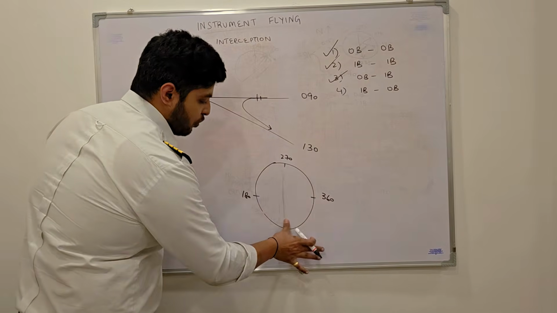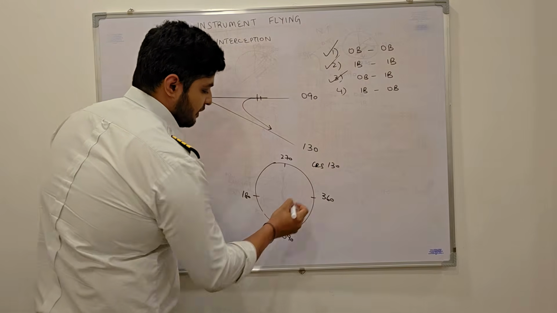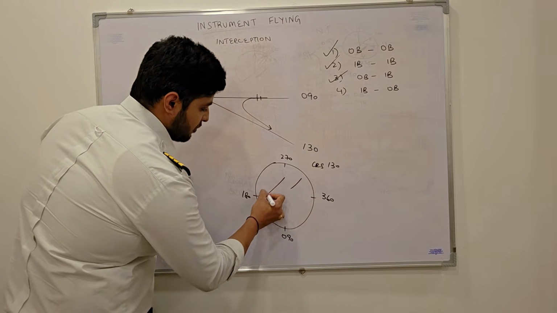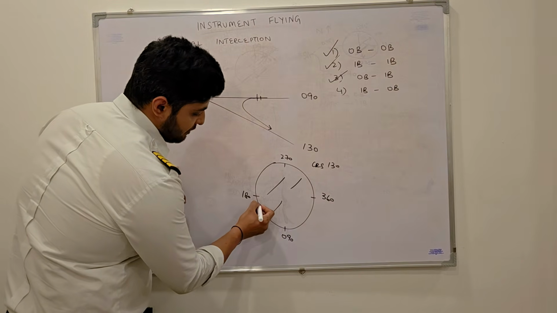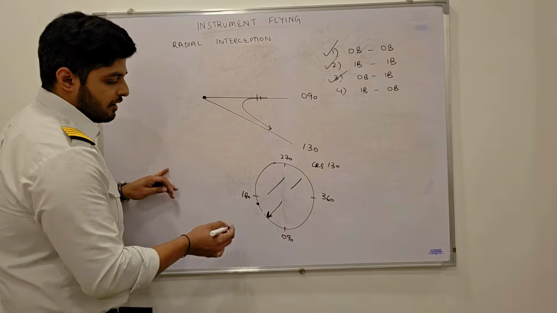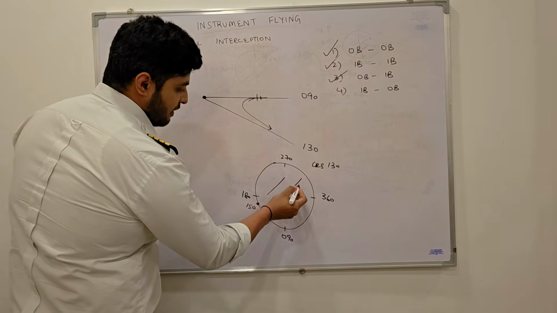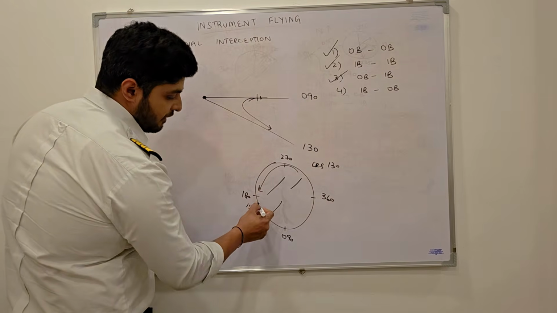So I put my course as 130. 130 will be somewhere here. And my deviation bar will look something like this. Towards the head of the deviation bar, if I cap this needle, the heading will be somewhere around 150. So I'll turn left to reach this heading because this is the closest way to reach it instead of going right.